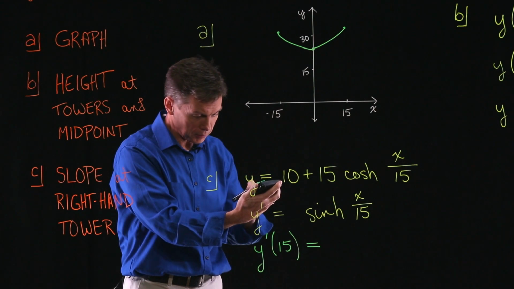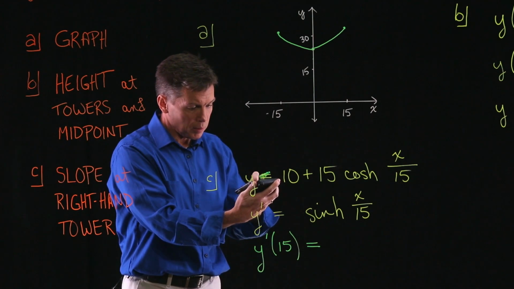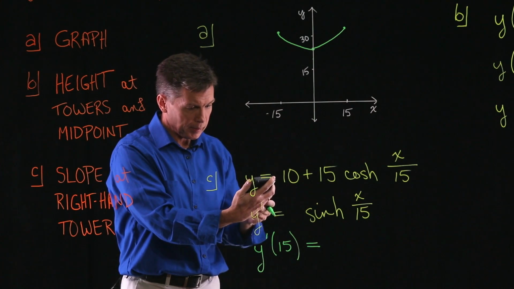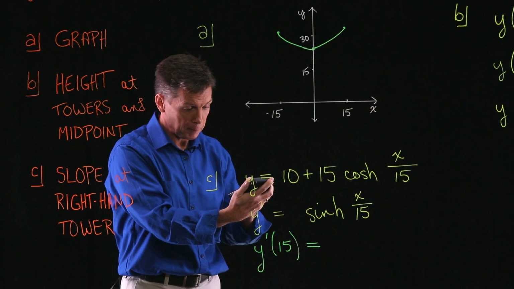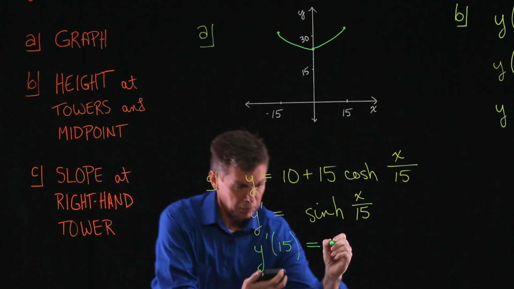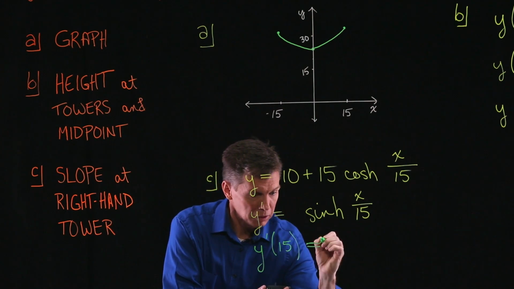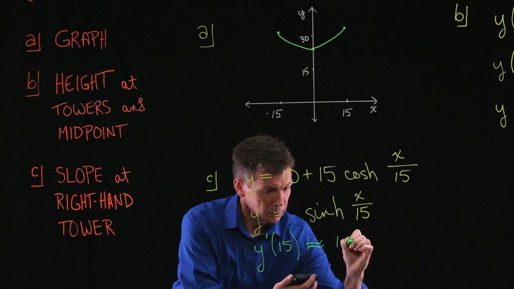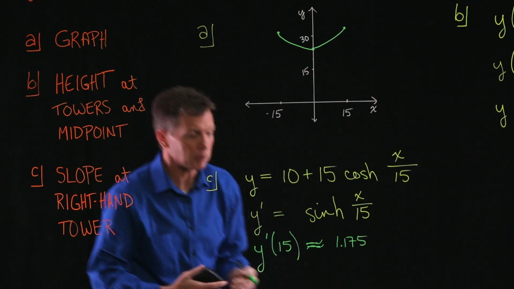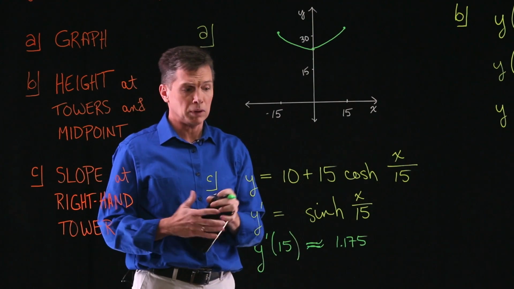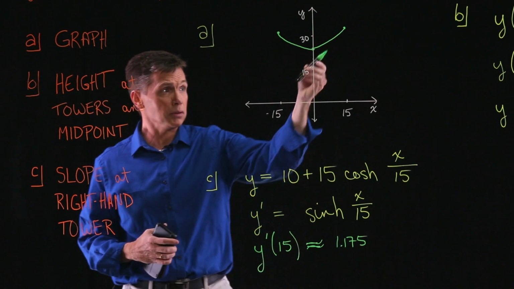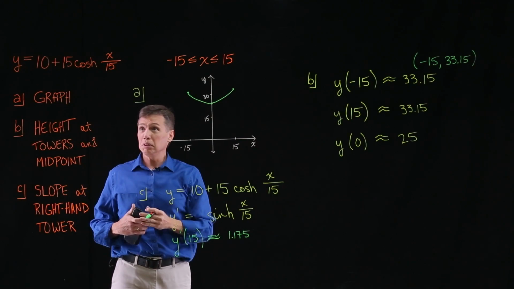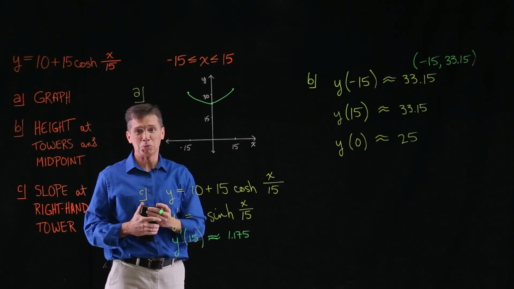So I'll go down to my S's here. And my argument is just simply 1. And I am getting approximately 1.175. Had to round. Okay? That's what our slope would be of this cable at the right-hand tower. Okay, that should complete the problem. You should be able to do some more on your own now.